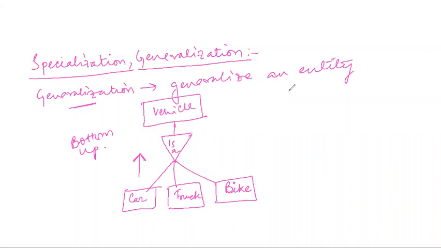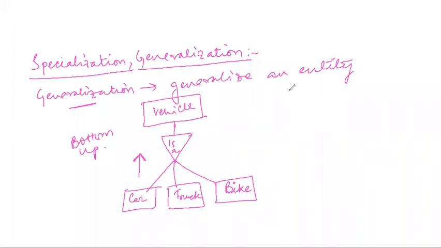And wherever we talk about generalization, we combine all the subclasses to form a superclass where everything has the same features. That is, car, truck, bike have gear. Car, truck, bike have, suppose, the steering. They can be run by human beings. So all these things are generalized features.